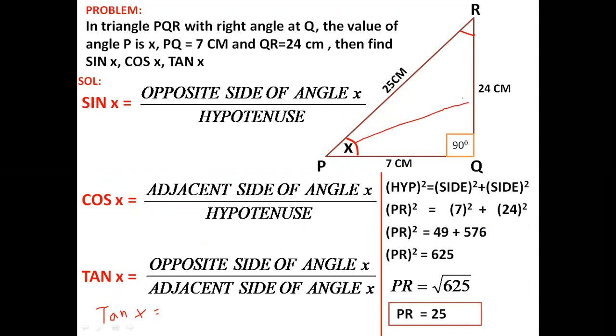That is QR, which is 24. What is the adjacent side of angle x? PQ is the adjacent side, that is 7. So tan x is equal to 24 by 7.